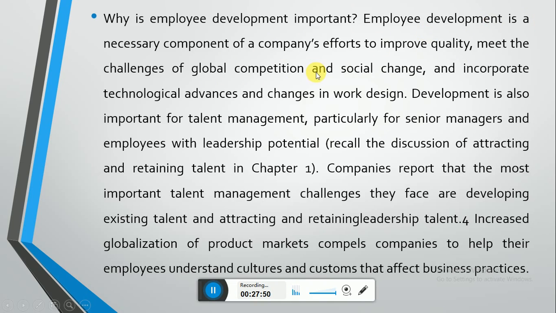Global competition, social changes, technological advancement, different things, so that's why you need a person. A good example is the coronavirus: many lecturers and employees in Afghanistan, most universities' employees, were not aware of how to use systems and online lectures.